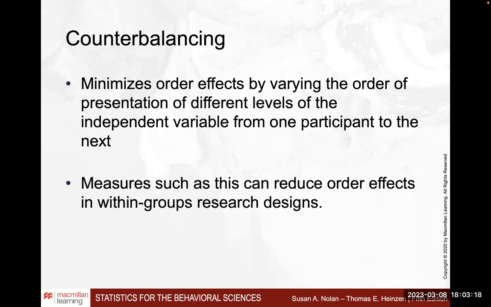So to take this effect out, you create two equal parts of your study population, and you have first the exercise period and then the no exercise period. That's one way. And you have a second group starting with the no exercise period and then moving into the exercise period, to get the true effect of your intervention without the order effect.